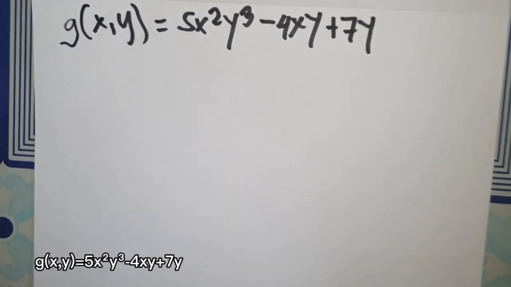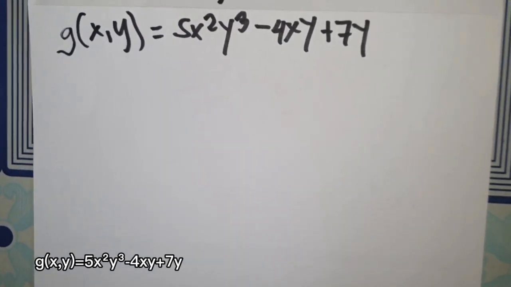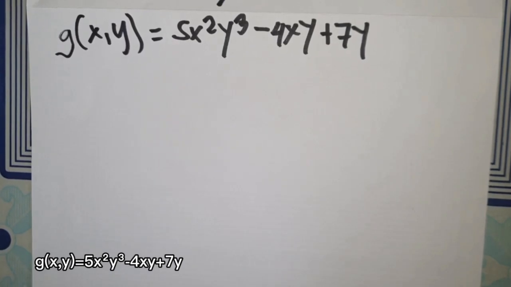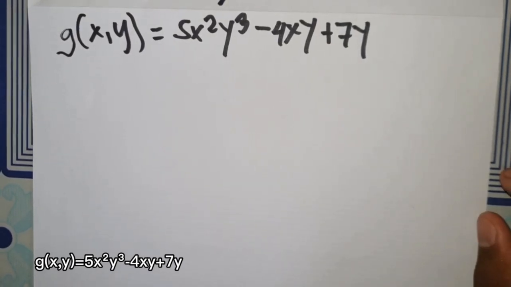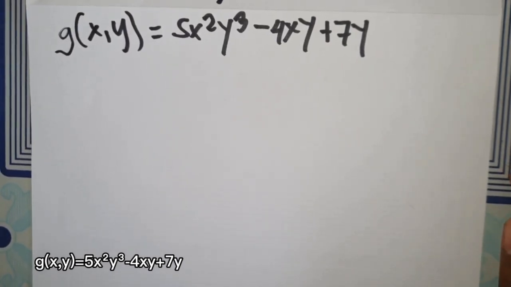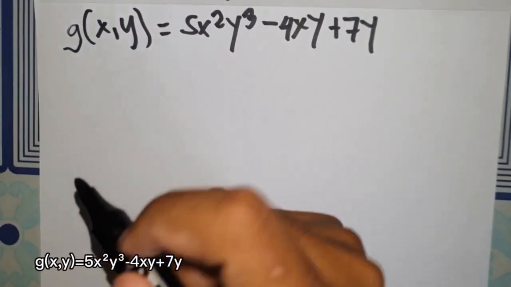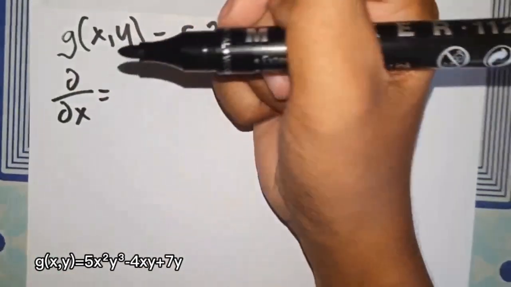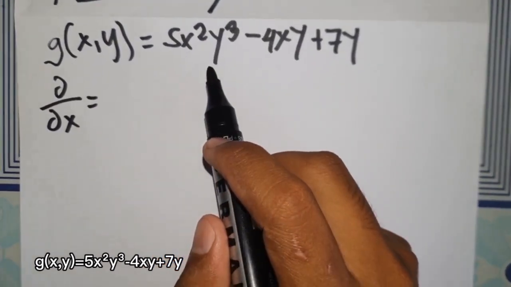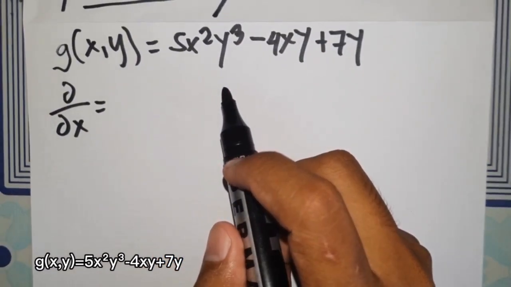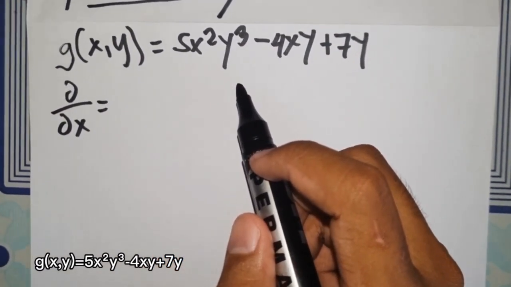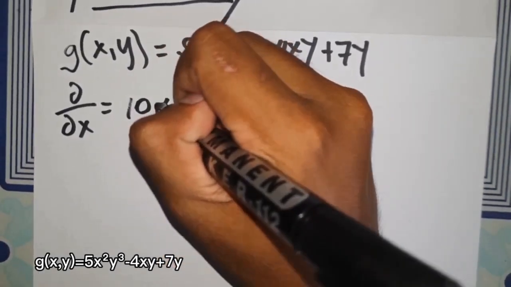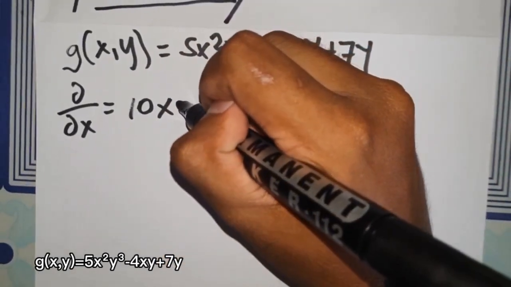To find the partial derivative of g with respect to x, treat y as a constant and differentiate each term with respect to x. So here, y cubed is treated as a constant, so we differentiate 5x squared with respect to x, giving 10x, then multiplied by y cubed.